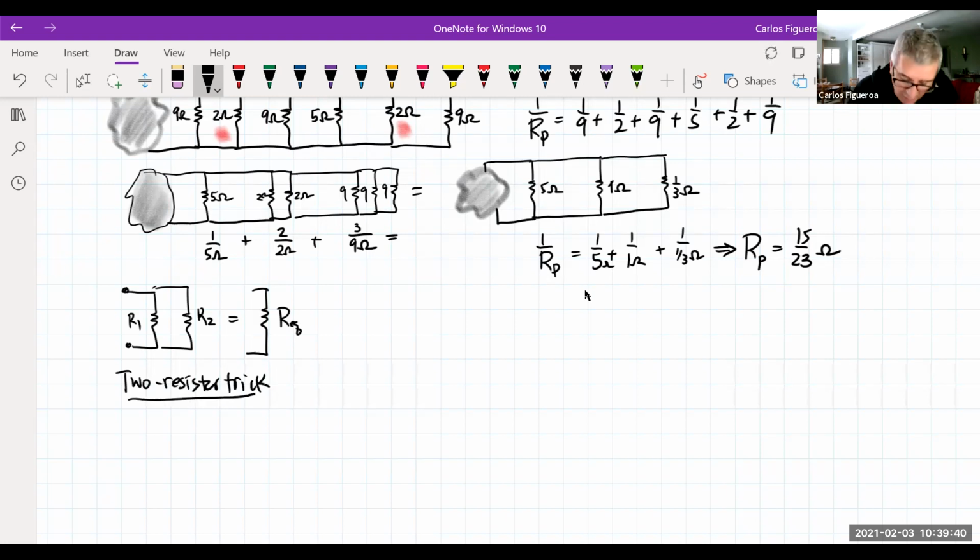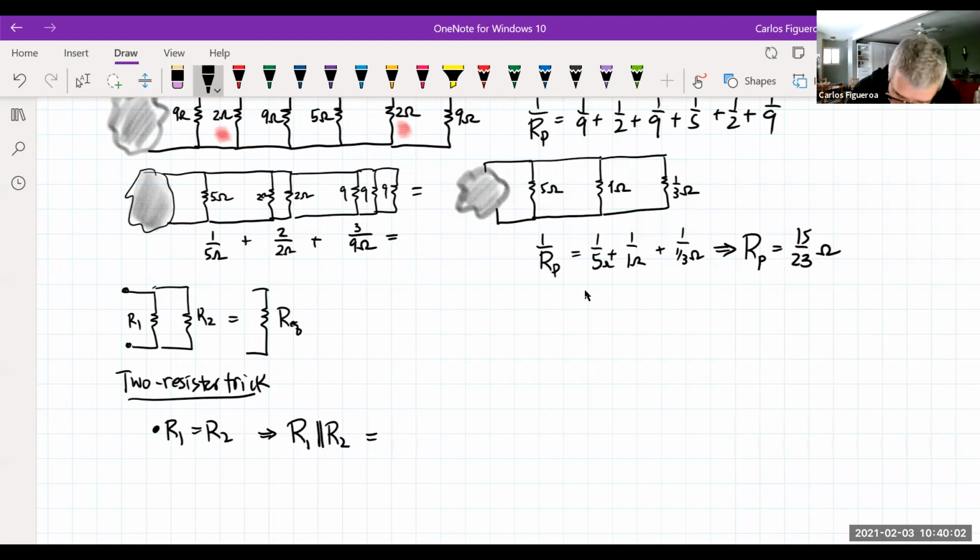Okay, so let's say that R1 is equal to R2. So if R1 is equal to R2, then if I have 2 resistors in parallel, look how I write parallel. I put the parallel symbol.